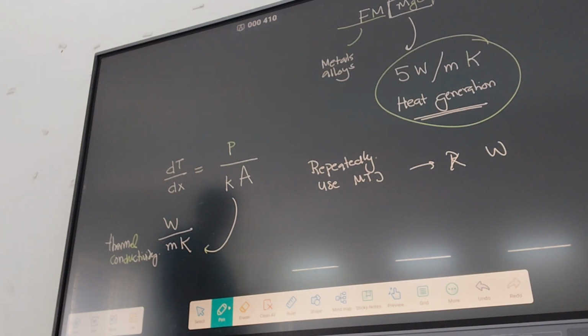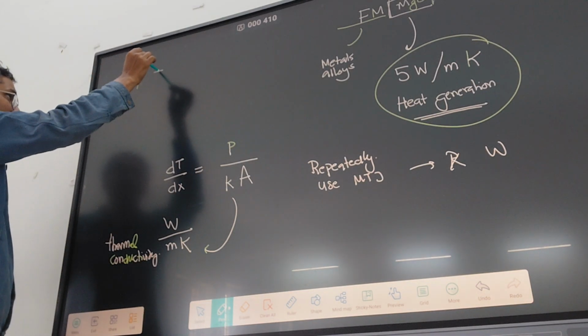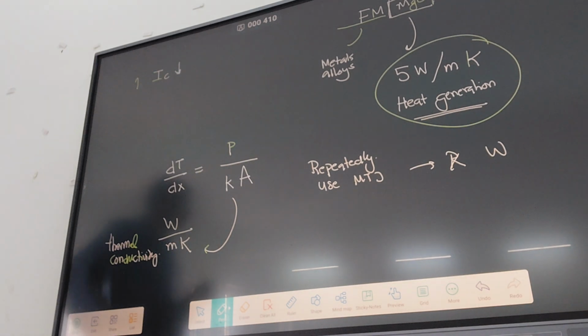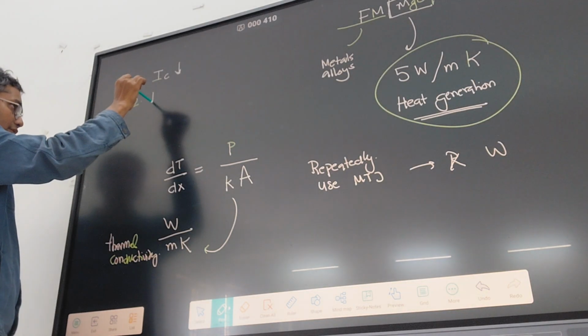There are different ways by which we can remove heat. First, if you lower the critical current. Second, if you lower the dimension.